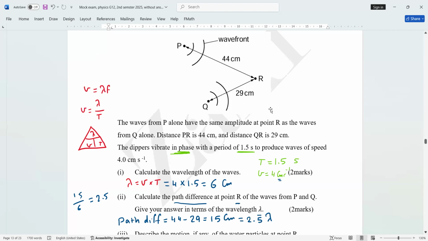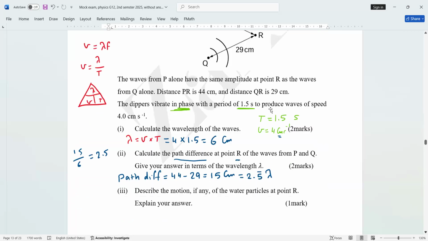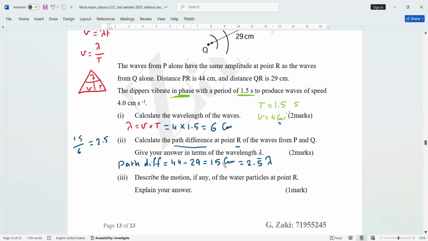Because it's 2.5, then it is destructive interference. Describe the motion, if any, of the water particles at R. Because it is destructive interference and they are identical sources, then no movement will be seen. Waves have path difference 2.5 lambda, destructive interference.